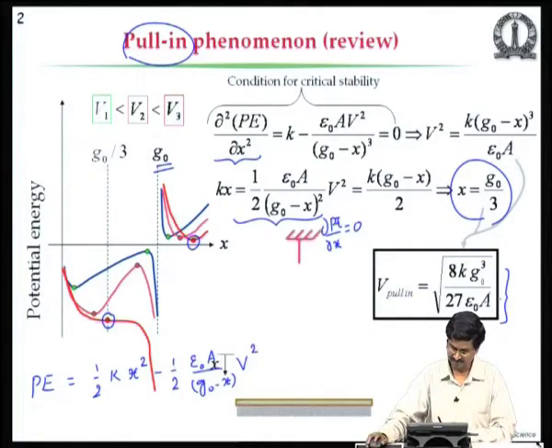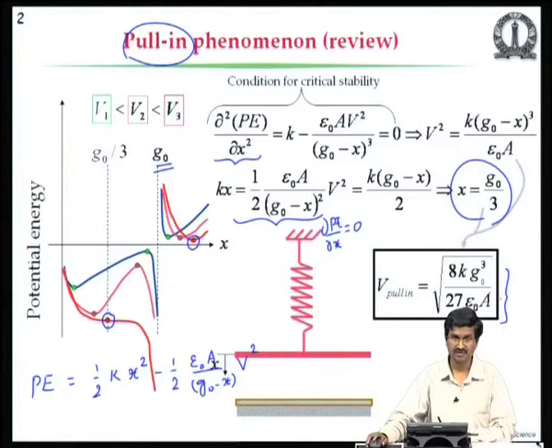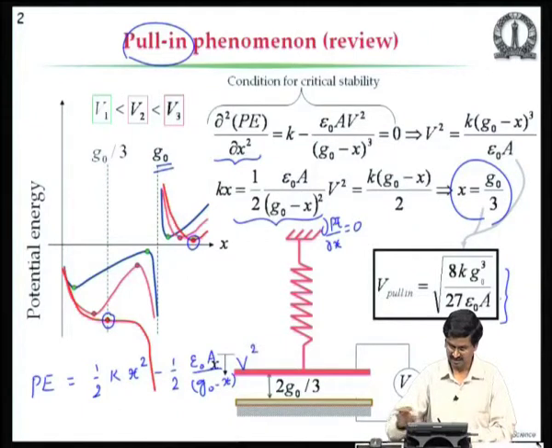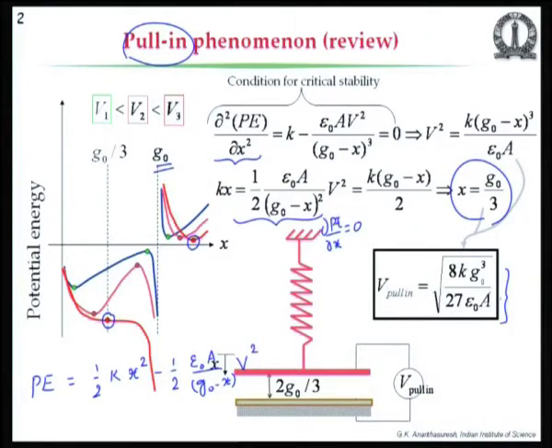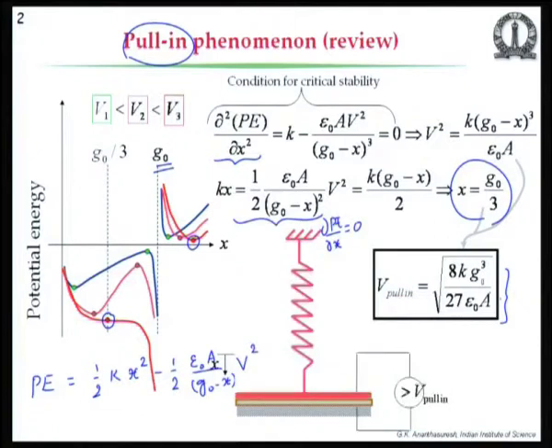So, if we have the situation like that, when we apply a voltage, that is the pull in voltage, it just reaches that 1/3 of the gap and then just pulls in. If anything more than that, it just pulls in as it is shown here.